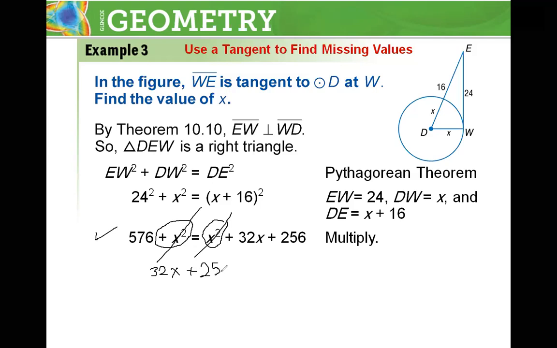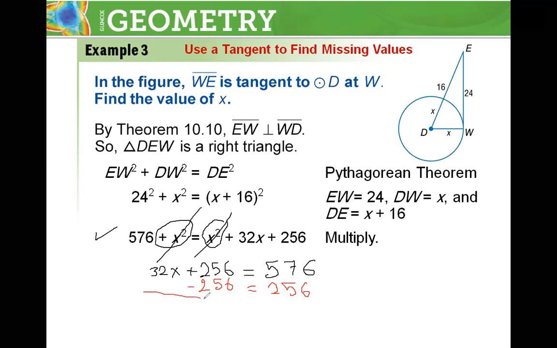32x plus 256 equals 576. What shall I do after that, Abdullah? I need the value of x. We do minus 256 from here, and from the other side also 256.